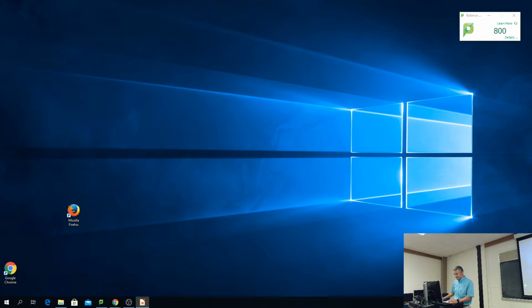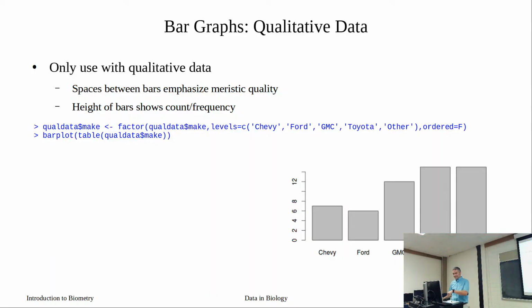All right. So let's continue this. So we did bar graphs, right? Now let me open up RStudio too.